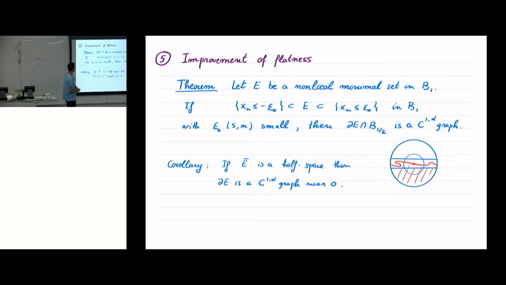So this is the place where you really go from not having too much information about E, it's just a measurable set, to being a graph of a function. Of course, under what hypothesis? Under the hypothesis that I'm sufficiently close to this situation when I look closer and closer.